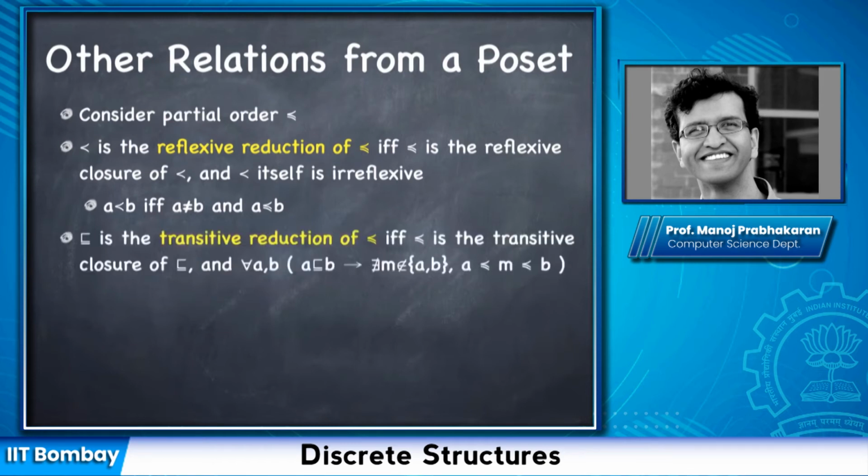I could also define something called a transitive reduction, which may be a little less obvious. So this is not a transitive relation anymore, the new relation that I defined. In fact, it's trying to be just the opposite of being transitive. So what it says is that if A is related to B, then you don't want it to be the case that there is a path from A to B other than this edge.